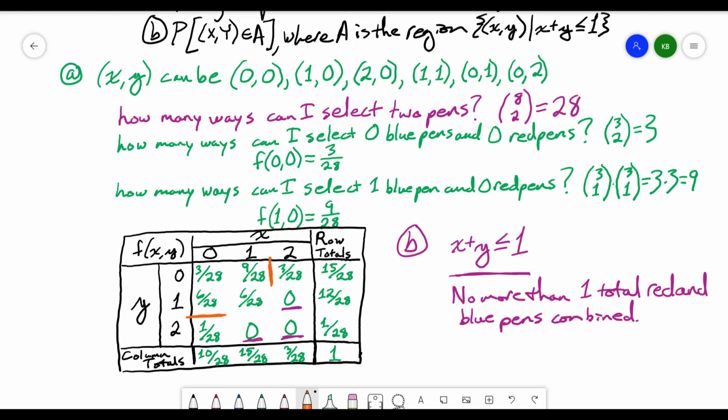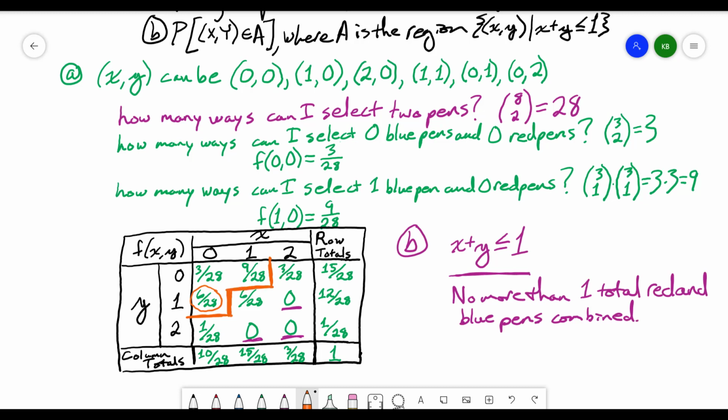So then I look at the other possible points. If I have y is 1 and x is 0, I have 1 red pen and 0 blue pens, which satisfies my no more than 1. So this is an okay value to be in. Now, if I look and I have 1 and 1, so 1 red pen and 1 blue pen, then I have 2 total red and blue pens combined, which is not okay. So this value is not going to be allowed in. And I can kind of wall it off.